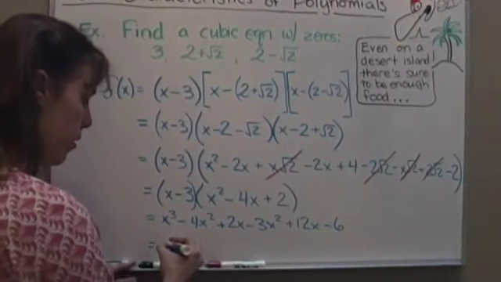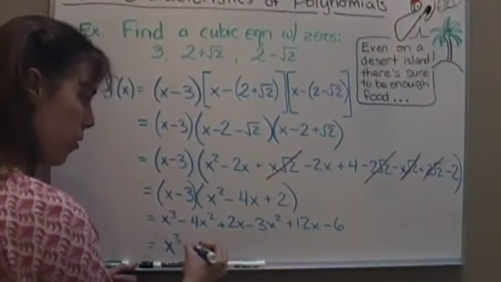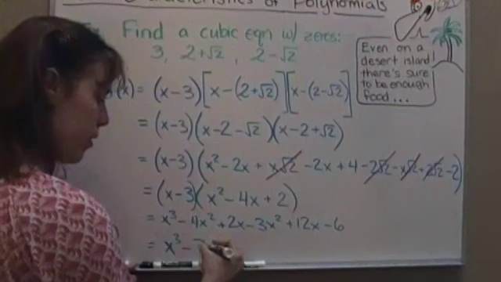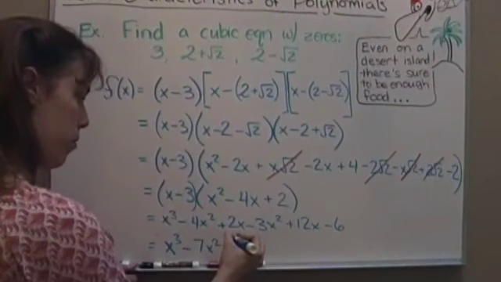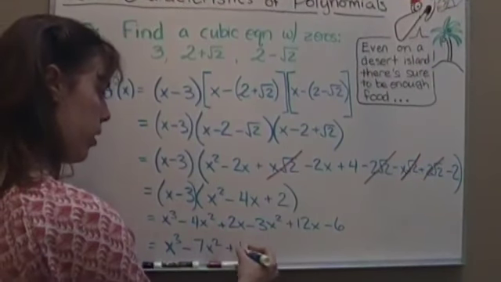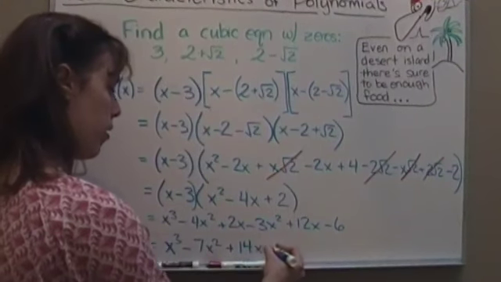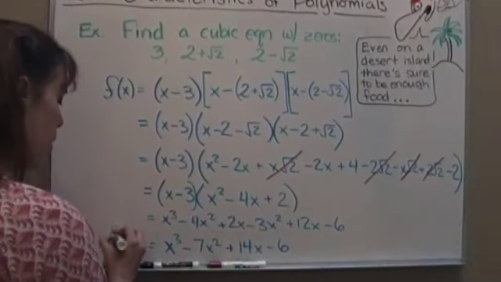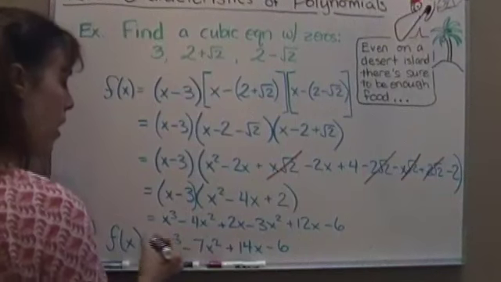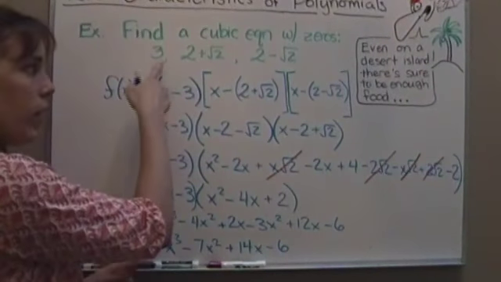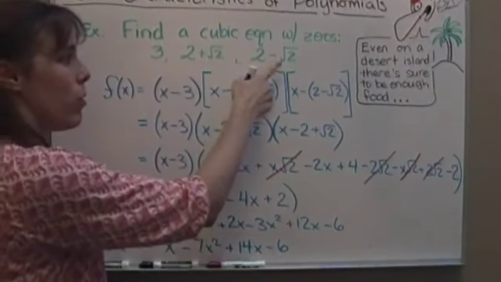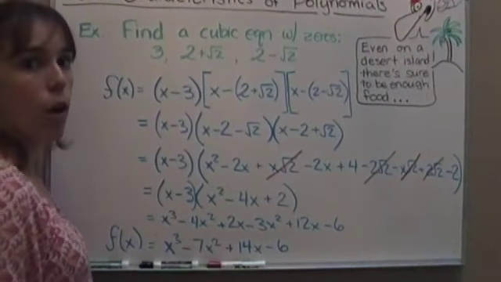And your final answer, x cubed minus 7x squared plus 14x minus 6. That function has the zeros 3, 2 plus root 2, and 2 minus root 2.